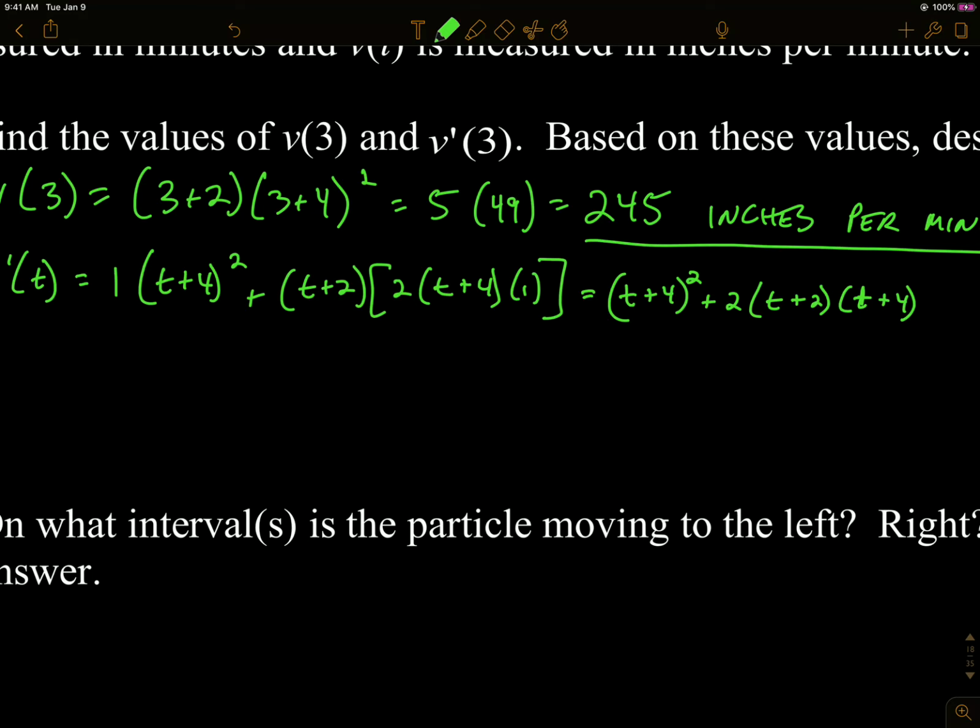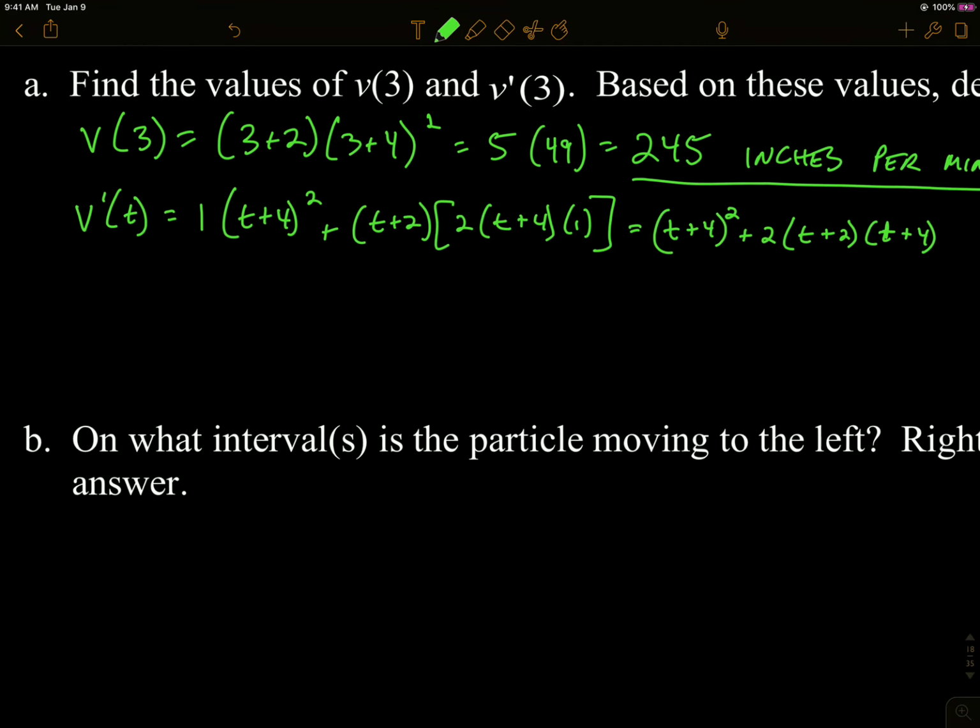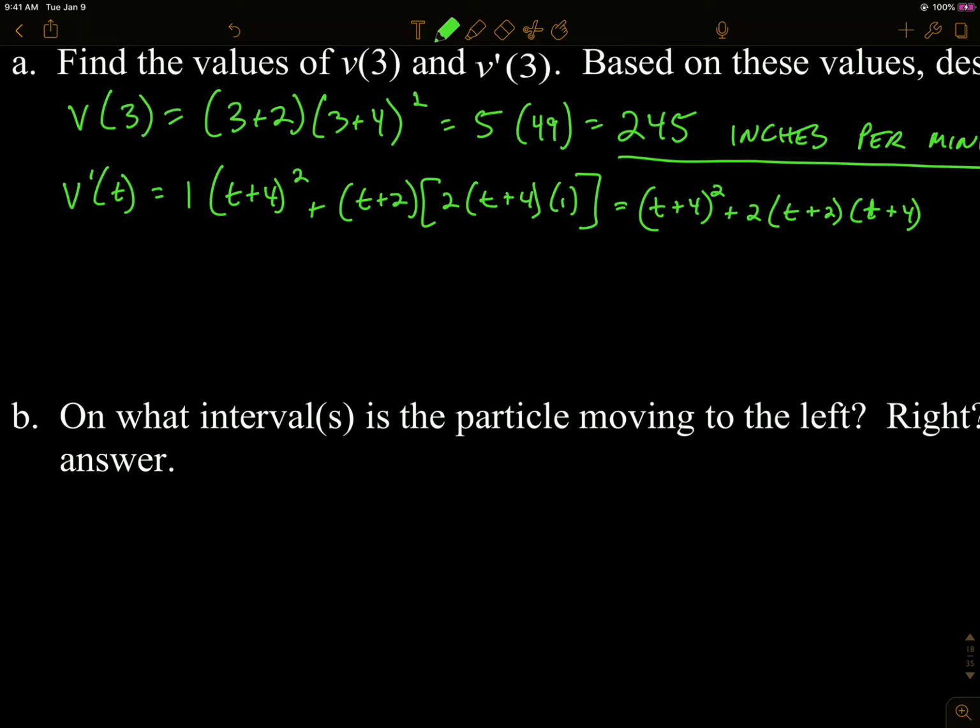Because inside there we're going to have 2t plus 8, I can factor out the 2, call it t plus 4. So now we're going to plug 3 into that. I'll let you pause the video and do that. Welcome back, we're going to end up getting 119 inches per minute per minute. So that's our other answer.